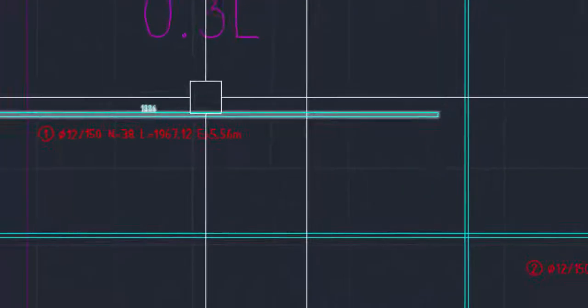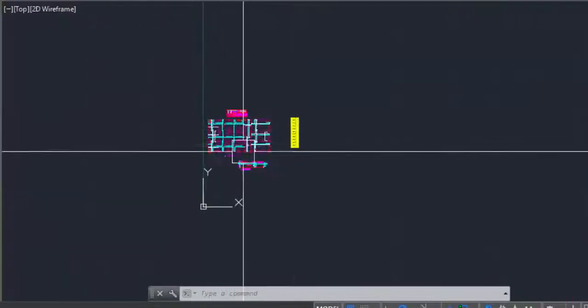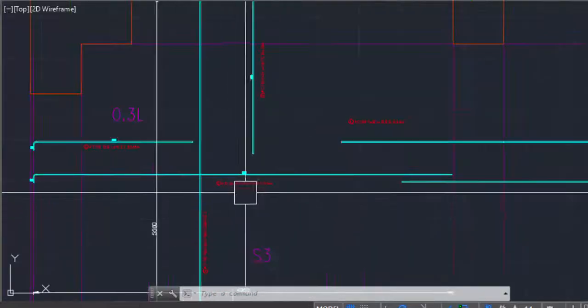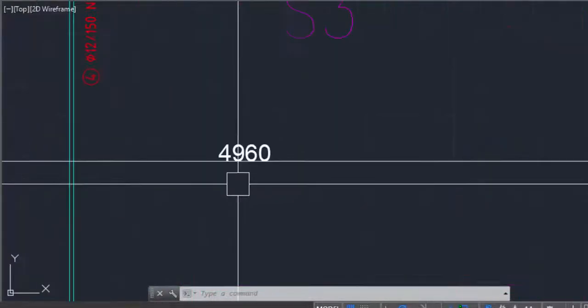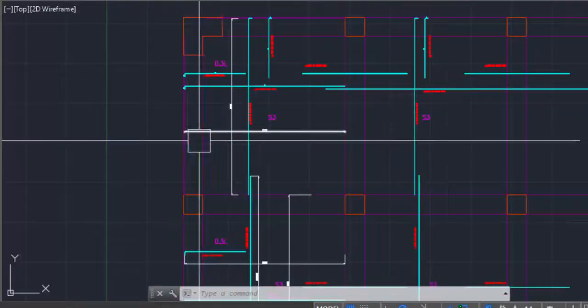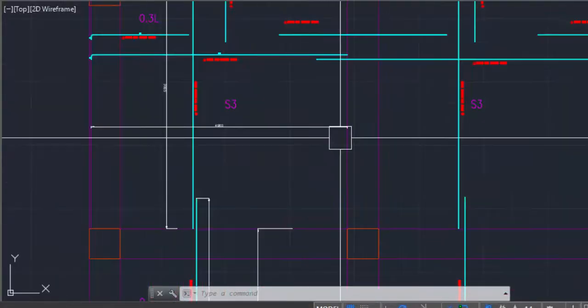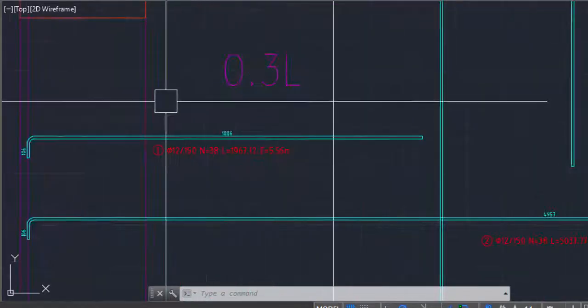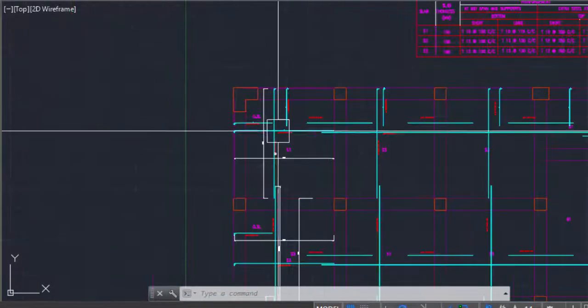Okay, in this case, what is this 0.3 L? This is the total length 4.96, because this is coming from this to this one. But make sure this continues from this area.